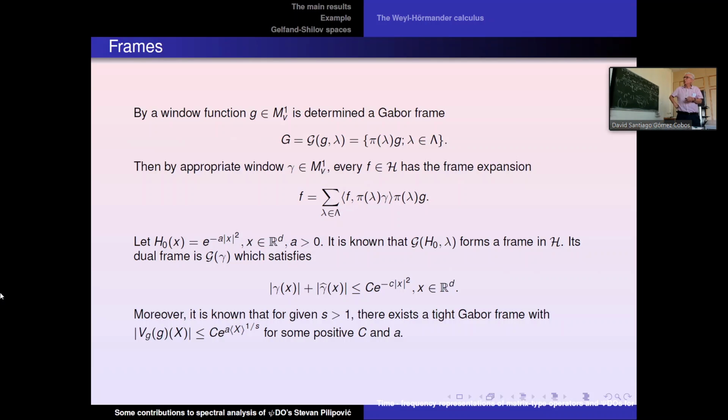And then if you make a frame in that way, the dual frames still satisfy the same estimate, not with the same constant, but you see that both gamma and gamma tilde have the same kind of estimate, because you already know that this has this estimate. And so somehow this is the best result for how you can use frames.